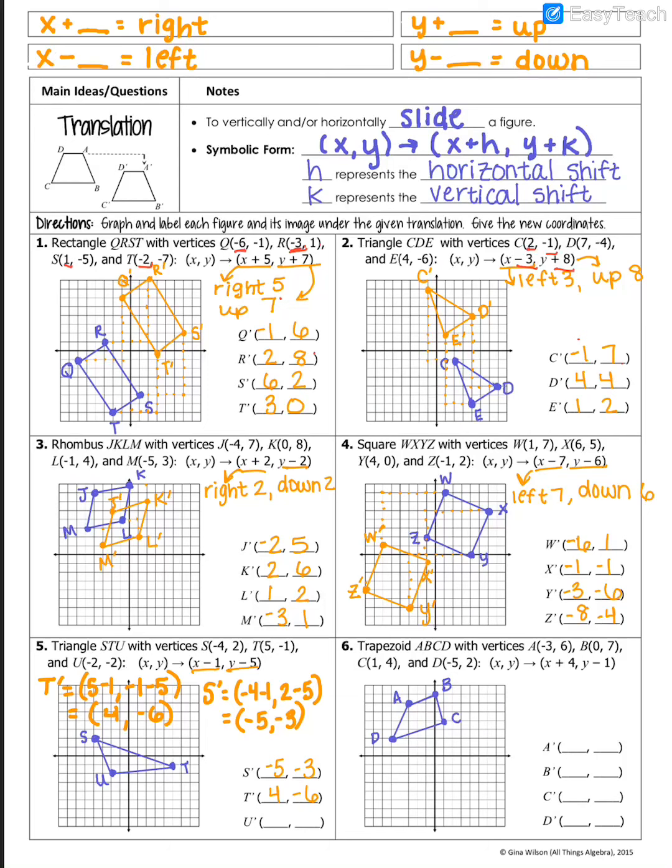Okay, and then last one, U prime, I'm going to write down here at the bottom. So I would take negative 2 minus 1 and then negative 2 minus 5. And so we end up with negative 3, negative 7, if we were to graph it.